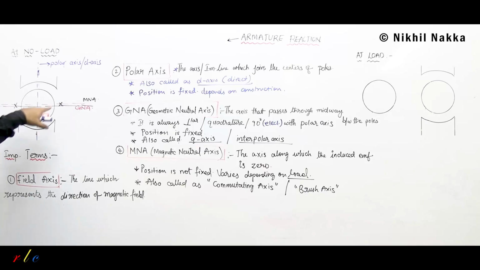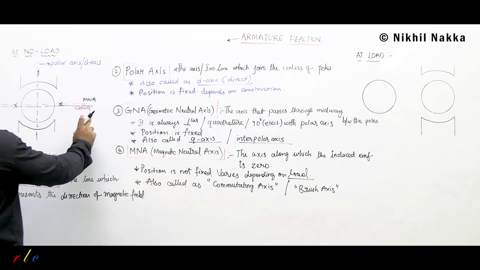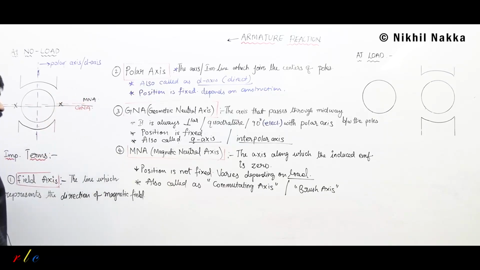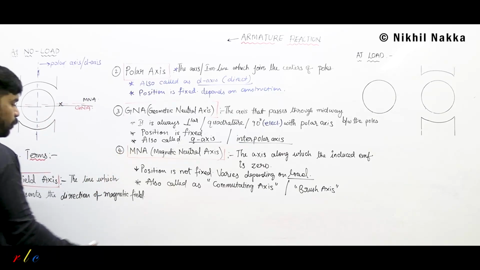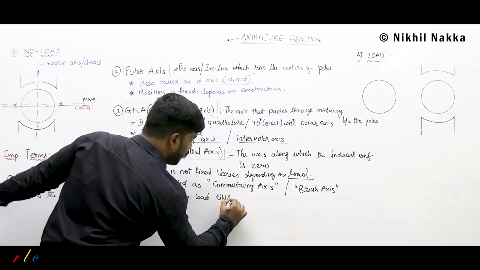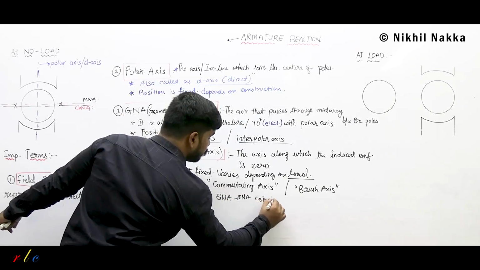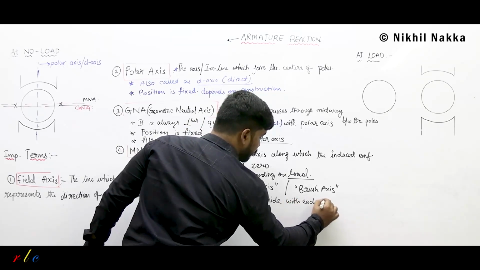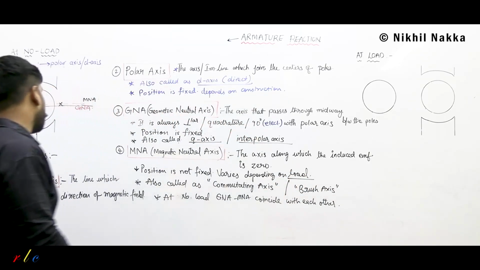I still did not take the existence of load or armature conductors. So under no load condition, GNA and MNA both coincide with each other. That is a very important point. Let me write down: at no load, GNA and MNA coincide with each other, the positions overlap.